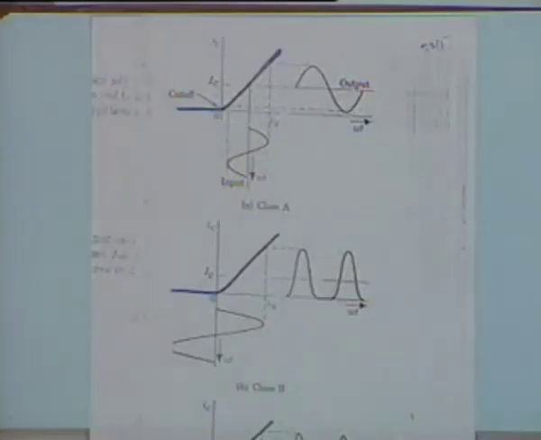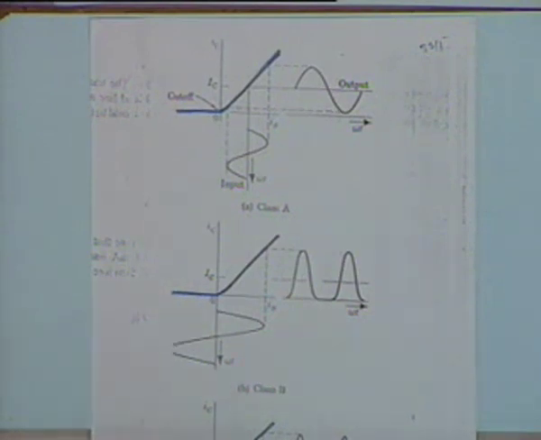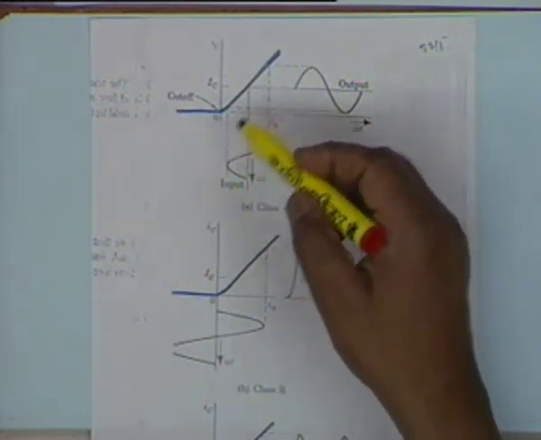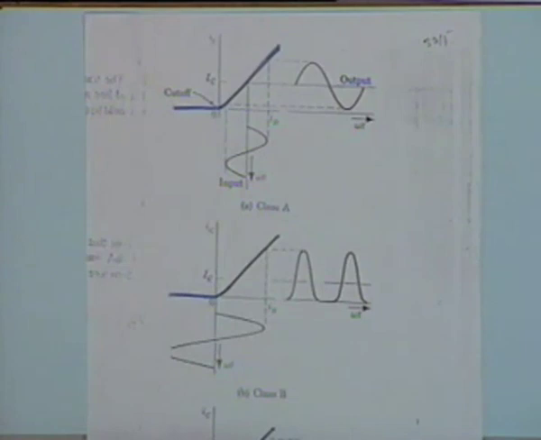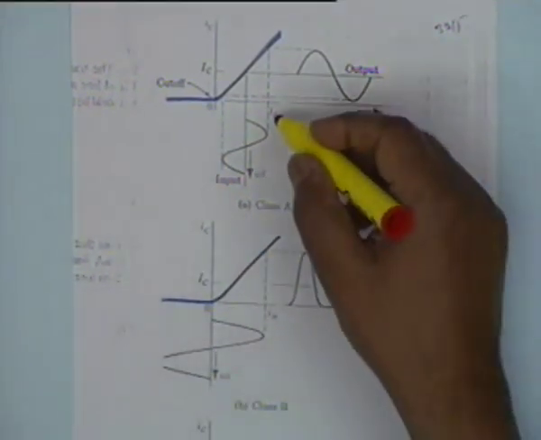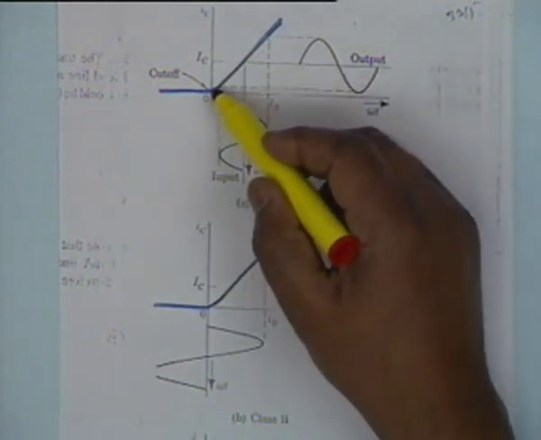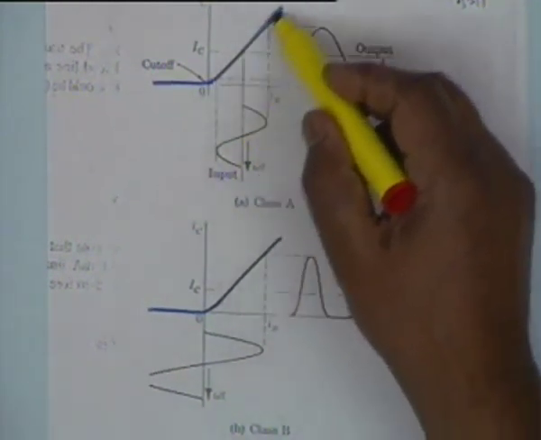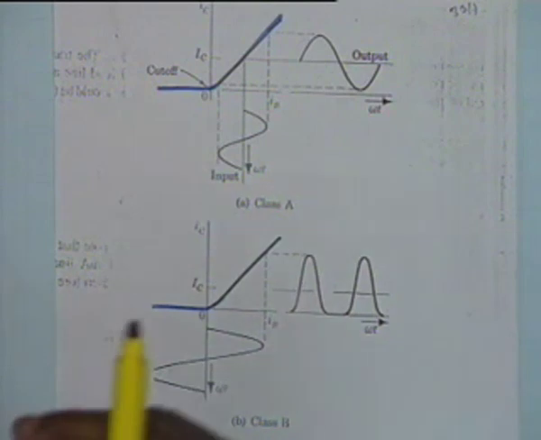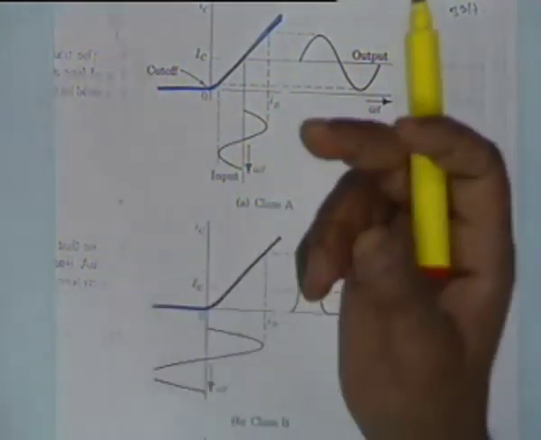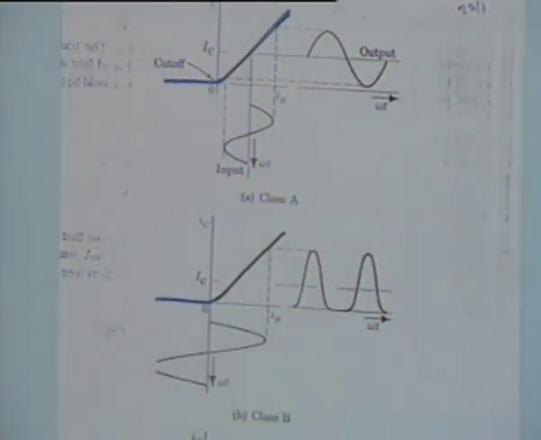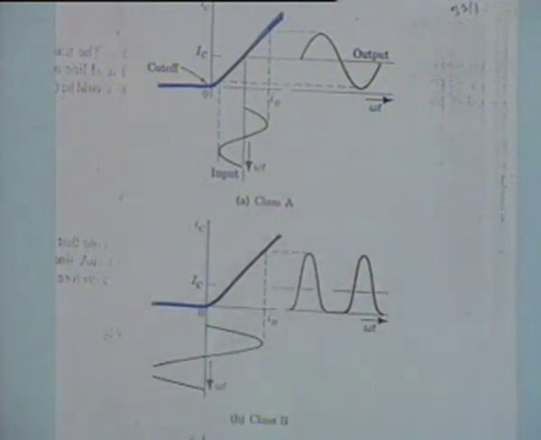This is a pictorial representation of the three classes of operation. You see, this is a plot of I sub C, collector current, versus I sub B, the base current, and this curve is linear. For equal increments of base current you get equal increments of collector current, provided the base current is positive.